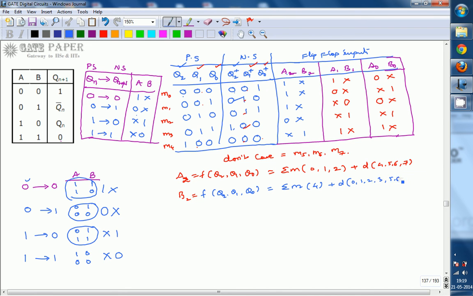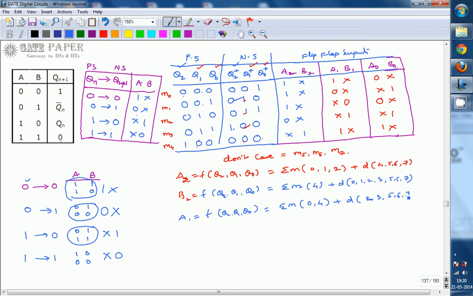Next a1 is equal to a function of q2, q1, q0, sigma m of the 0th minterm and 4th minterm for a1, plus don't cares of a1, which are 2, 3 along with 5, 6, 7.